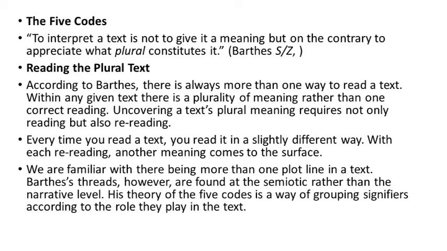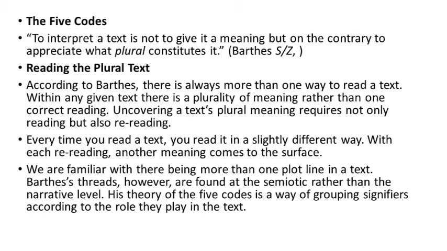To interpret a text is not to give it a meaning, but on the contrary, to appreciate what plural constitutes it. He says in S/Z that to interpret a text is not giving a correct meaning to it, but to appreciate what plural meanings can be there in it.